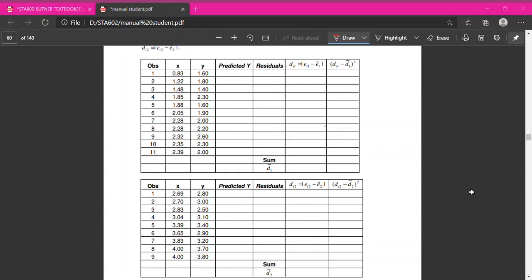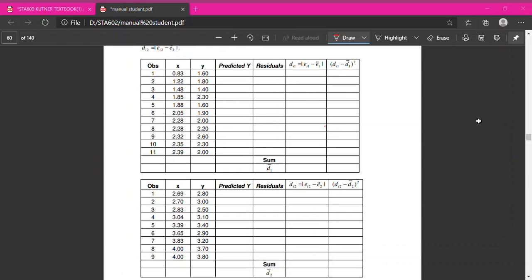Okay, so once we have the D1 bar and D2 bar, we can find the column of D1 minus D1 bar square. Okay, this column, like I said. So cari satu-satu, squarekan dia. Saya dapat dalam Excel.